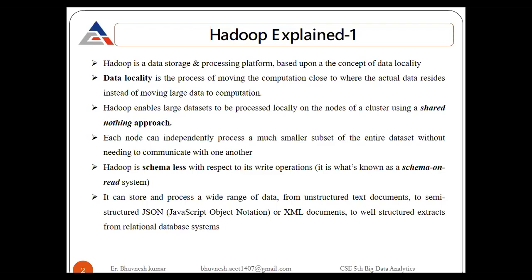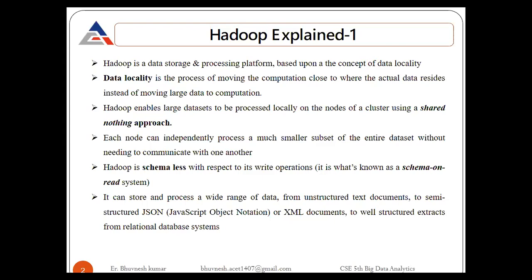Then each node can independently process a much smaller subset of the entire data set without needing to communicate with one another. And this is the solution: we are working on different locations and analyzing and collecting that data. This will reduce the load, and this is all done by the concept of Hadoop.